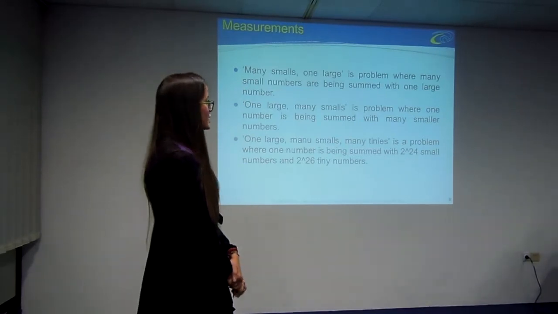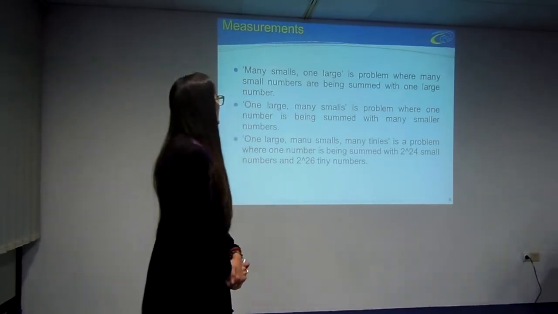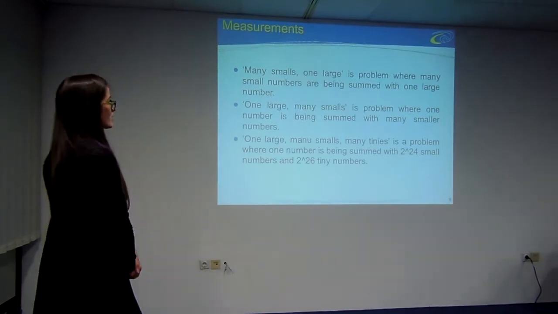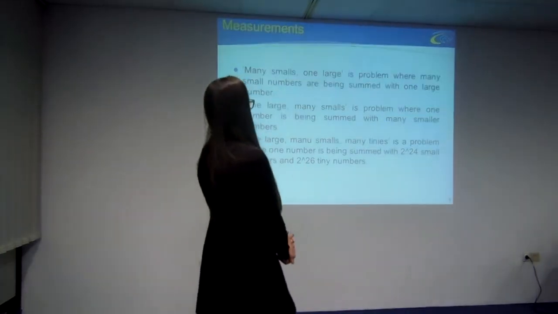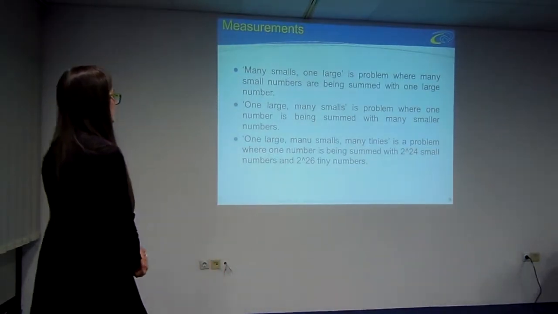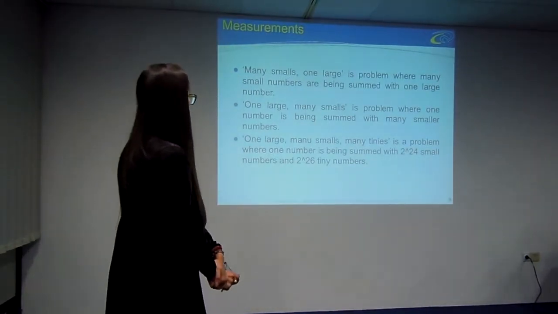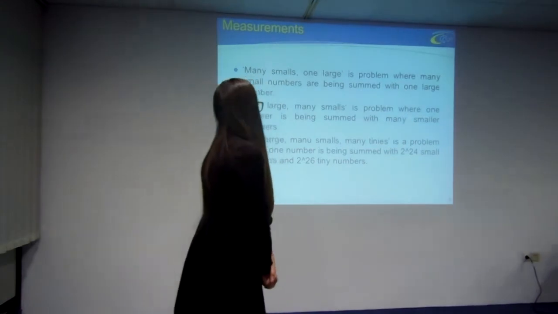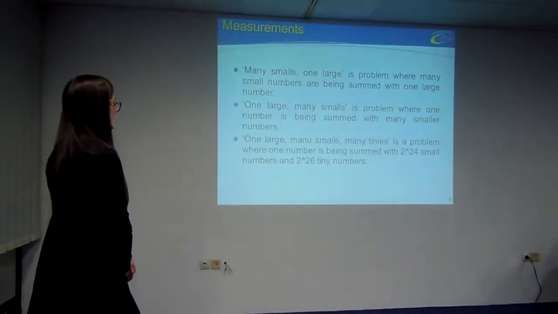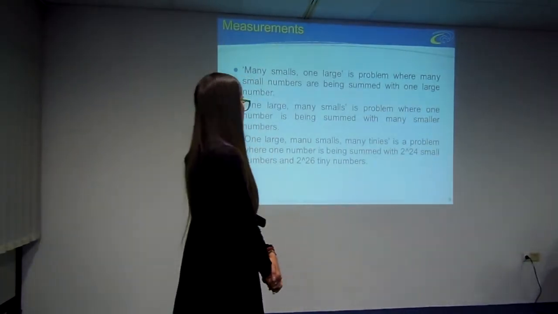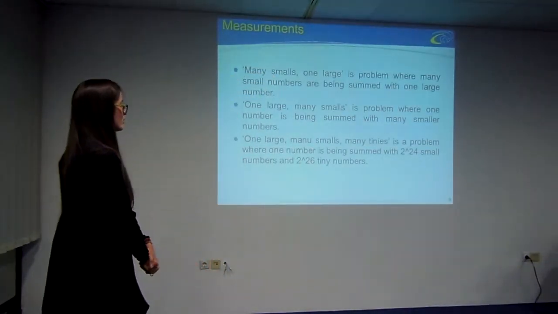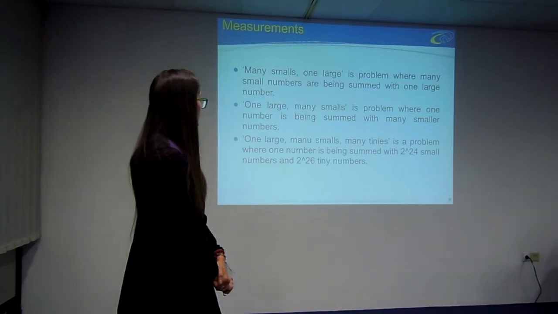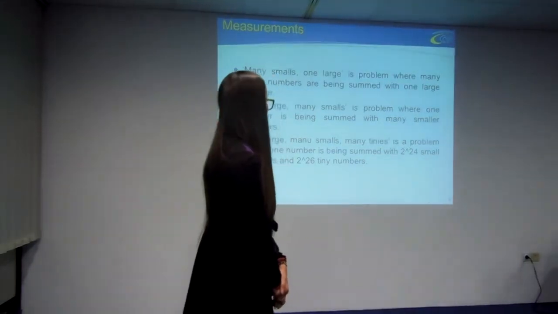Many smalls, one large is a problem where many small numbers are being summed with one large number. One large, many smalls is a problem where one number is being summed with many smaller numbers. One large, many smalls, many tinies is a problem where one number is being summed with 2^24 small numbers and 2^26 tiny numbers.